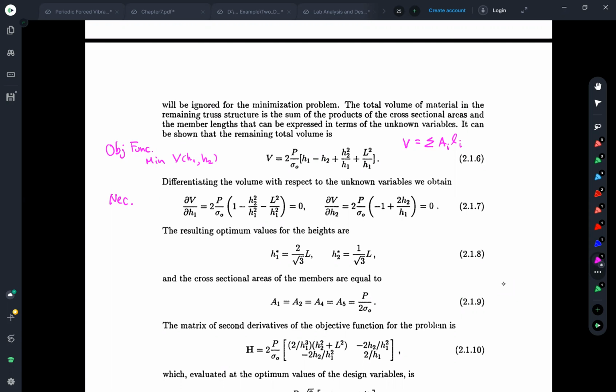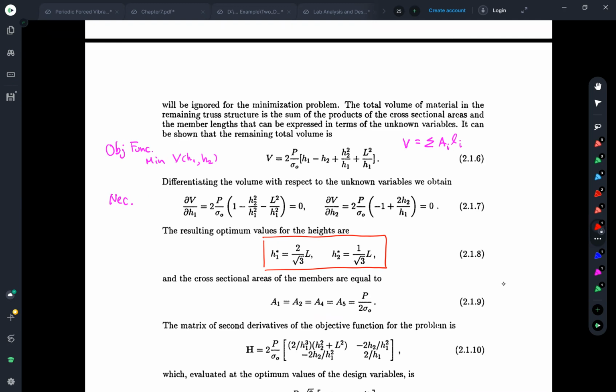Looking at 2.1.8, it's very interesting: the values of H1 and H2 are not equal to each other. The values of H1 star and H2 star show that at the midspan, H is two times longer.